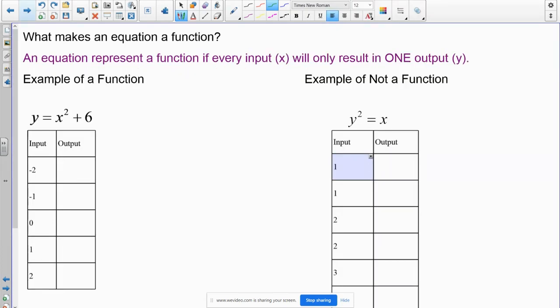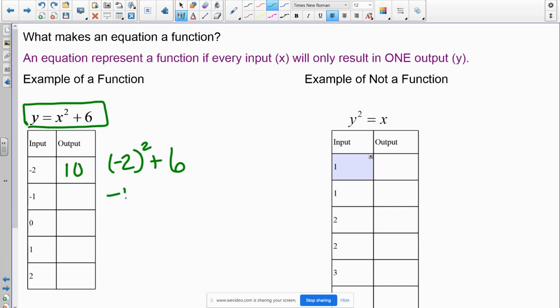Let's look at what makes an equation a function. An equation represents a function if every input will only result in one output. This time we're going to make a table, but we're looking at an equation. My equation is y equals x squared plus 6. My input is -2. If I take -2 squared plus 6, -2 squared is 4, plus 6 is 10.